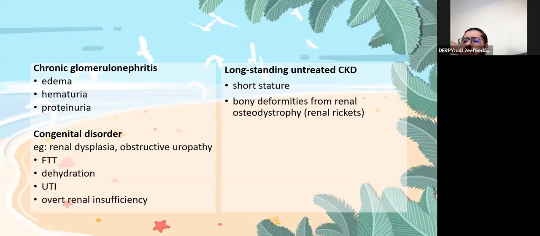If I give you the blood investigations, serum calcium, serum phosphate, alkaline phosphatase, and parathyroid hormone, please all write in your notes serum calcium, serum phosphate, alkaline phosphatase, and parathyroid hormone. So if I give you three results, let's go to the whiteboard.